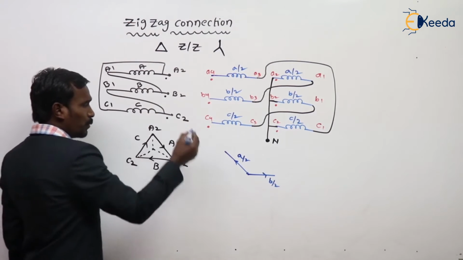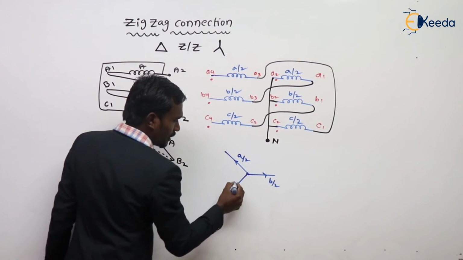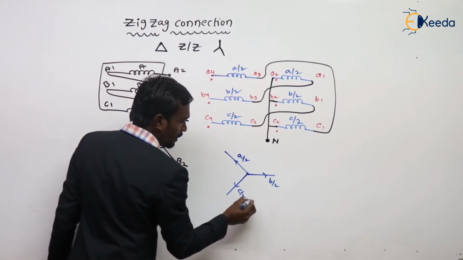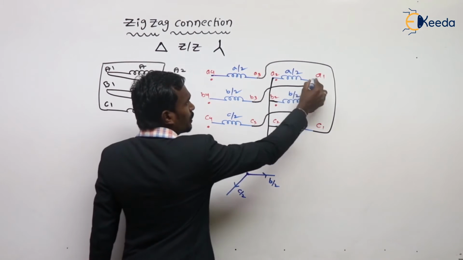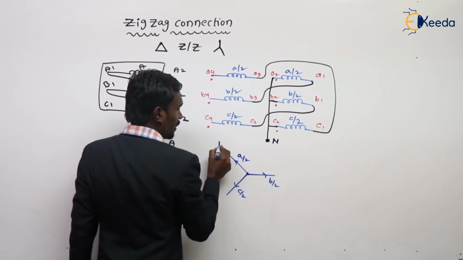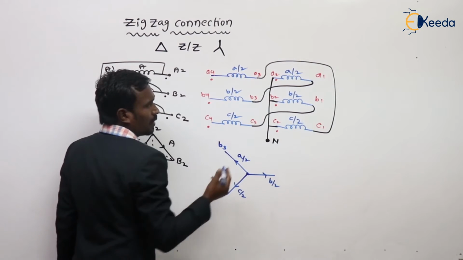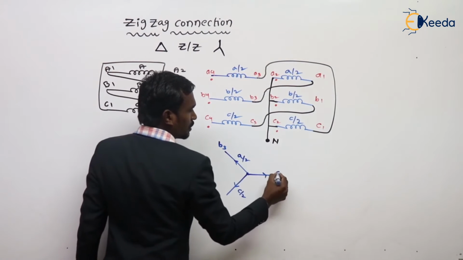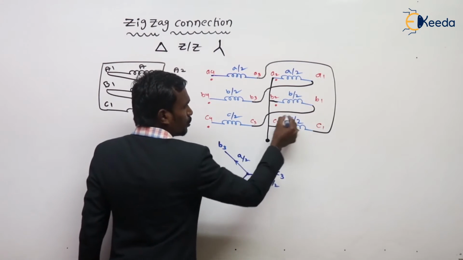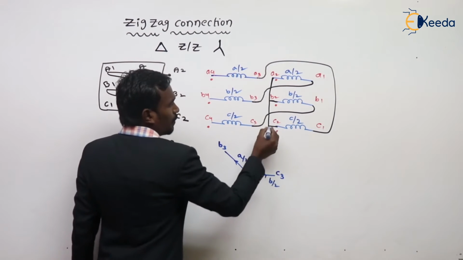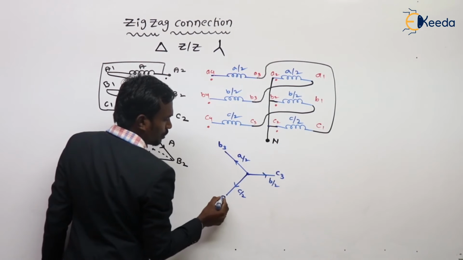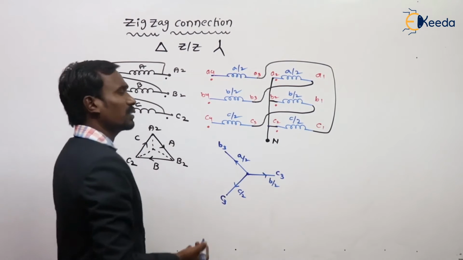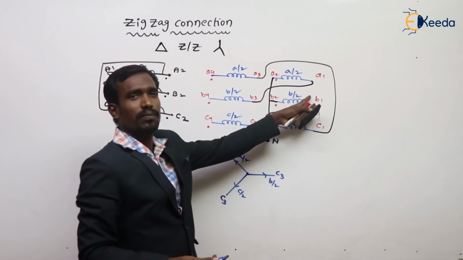And C is upwards, here C is in this direction, C by 2. From the neutral, B3, from the neutral, C3, B by 2 is connected to C3. From the neutral, A3, C by 2 is connected.